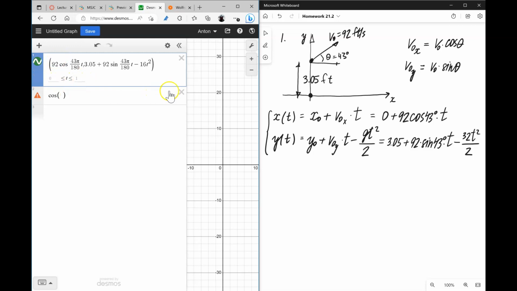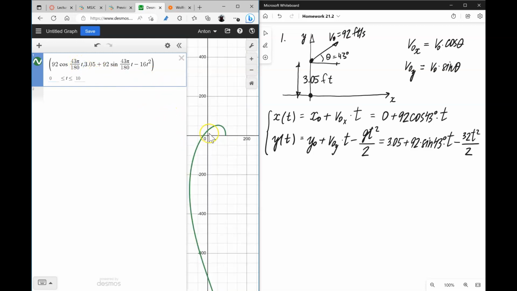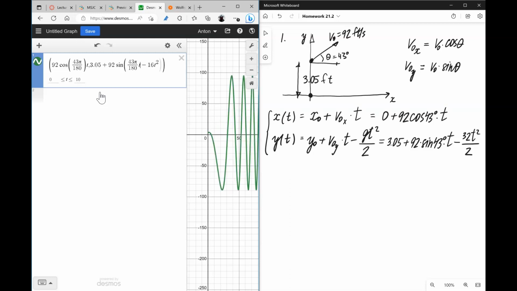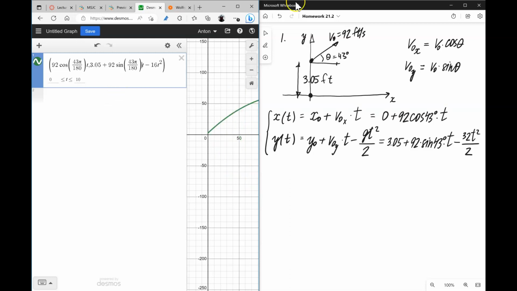And if we let t go indefinitely, let's start at 0. Hold on. I think I should have put parentheses here, and maybe here, just so there is no confusion.